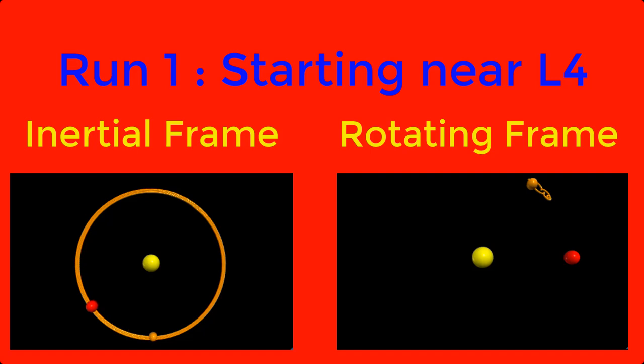Starting from point L4, it can be seen in the rotating frame that the third body is acted on by two different time scales. There's a short time scale which seems to correspond approximately to the time scale in which the bodies move around the Sun in the inertial frame, but there is also a longer time scale, in this one something between 10 and 20 times that time scale.